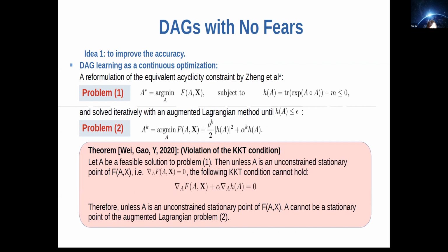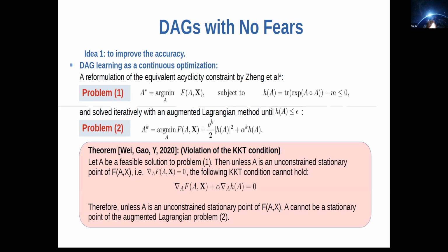So what does that mean? It means that if A is feasible and satisfies the KKT condition, then A must be an unconstrained stationary point of our loss function f.